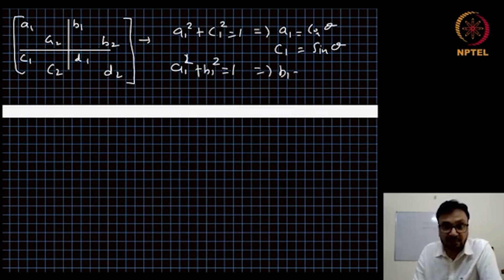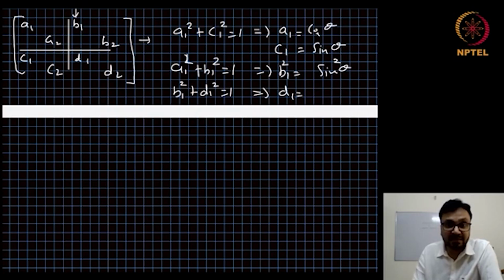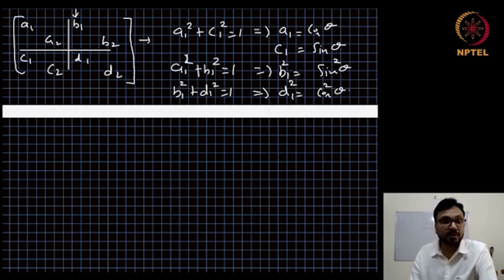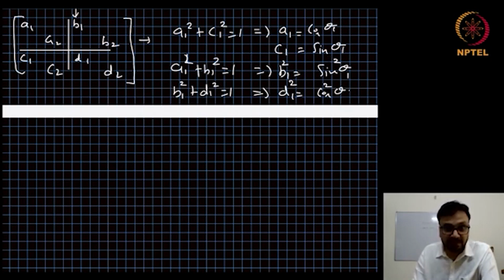This implies that B1 must be sine theta, but it could be minus sine theta also. So instead of that, we just say B1 squared is sine squared theta. Now, if we consider the second column, it becomes B1 squared plus D1 squared is 1. This implies that D1 squared is cos squared theta. Similarly, we can do this with A2, C2, B2, D2, and instead of theta, we can say theta 1 here and theta 2 for the other one.